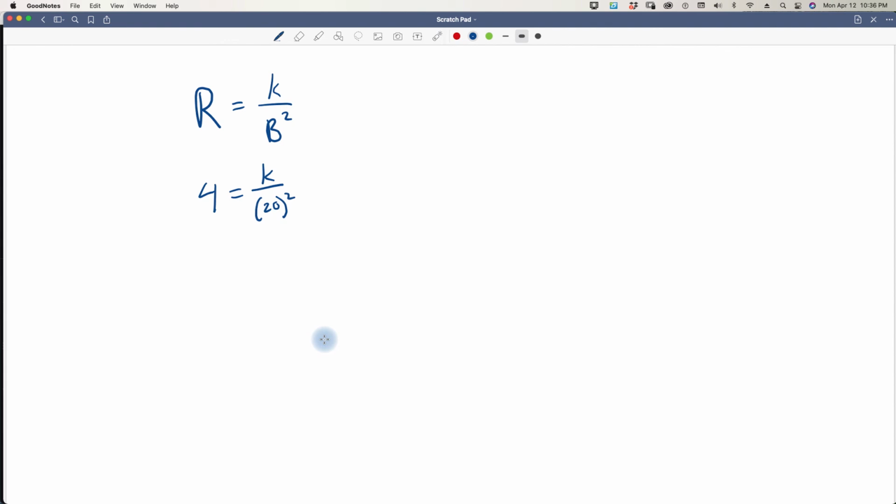How many reds would there be if there were only 4 blues? All right, I'm going to walk away and let you solve this one. So pause, work the problem, and then unpause, and we'll see what the answer is.